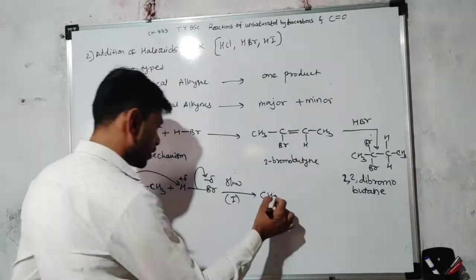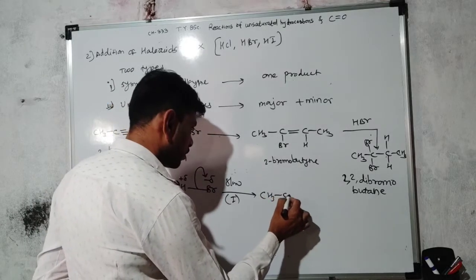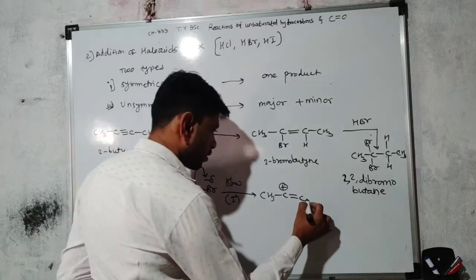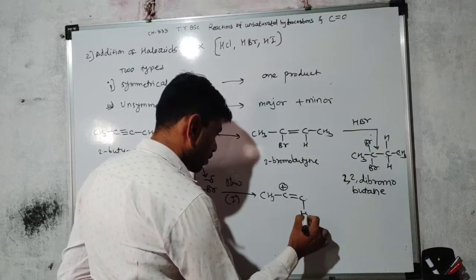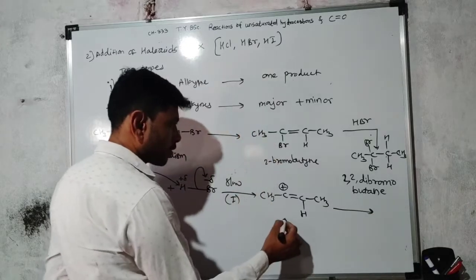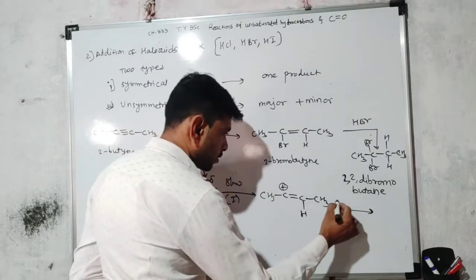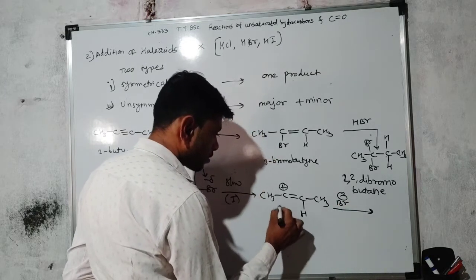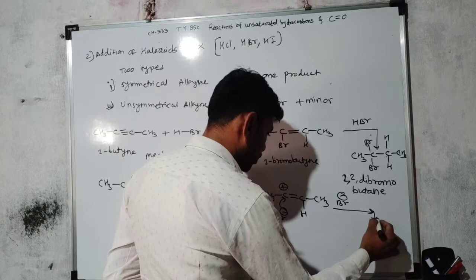So here, vinylic cation formation, C double bond C, cation formation takes place, and here attachment of hydrogen, CH3. In the next step, the residual Br minus attacks here and we get the product.